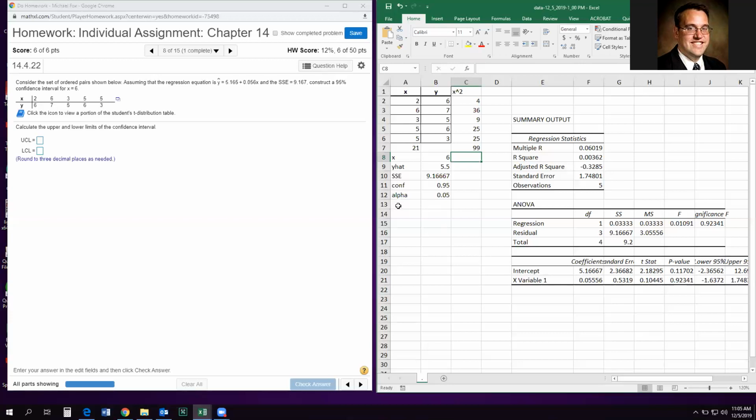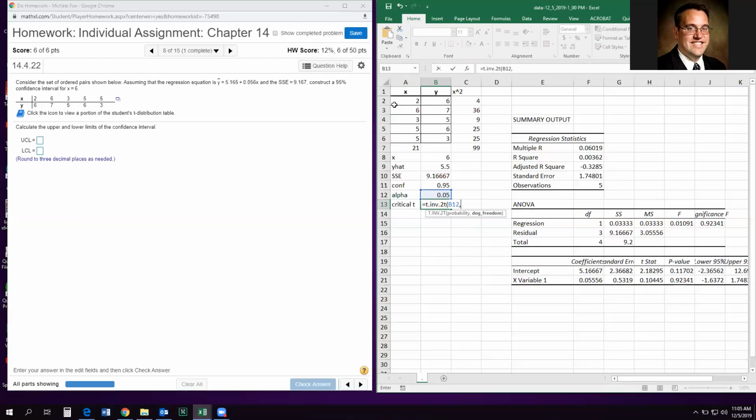Okay, so I can find my critical t just by doing T.INV.2T for our probability. We'll have 0.05. Our degrees of freedom is going to be n minus 2.